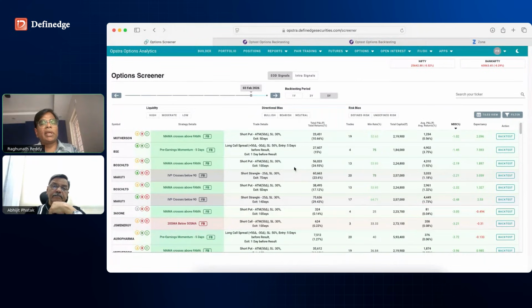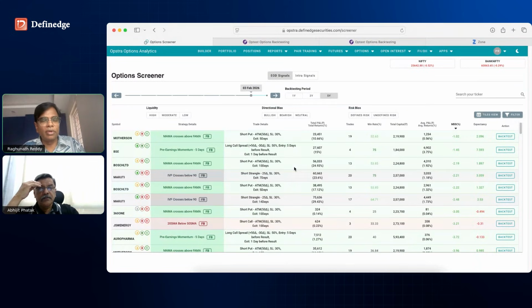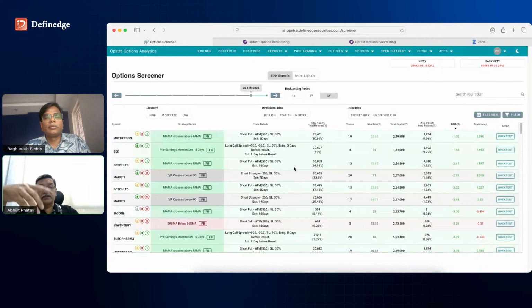This is just the beginning, and in future we will have more signals and more technical signals, and we can also add some straddle-based triggers, for example. We encourage people to use it and see how it is useful, give suggestions, and suggest strategies you want added over here, and we'll do that.